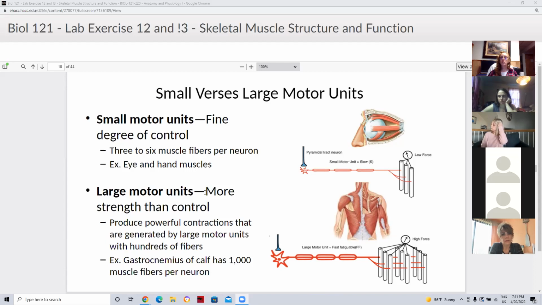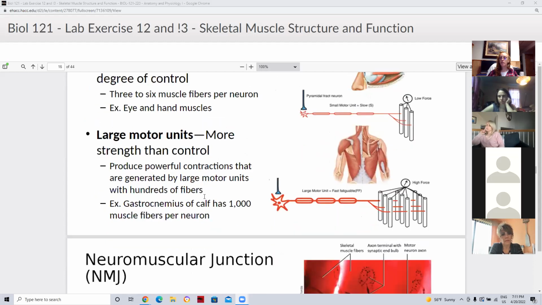When you're using small motor units, you're working on your handwriting. Large motor units, you're running or you're lifting weights. Rather than trying to use fine control, you're using more strength.